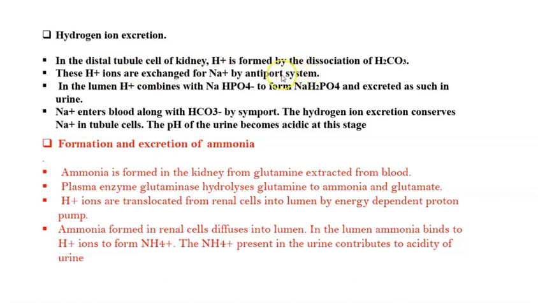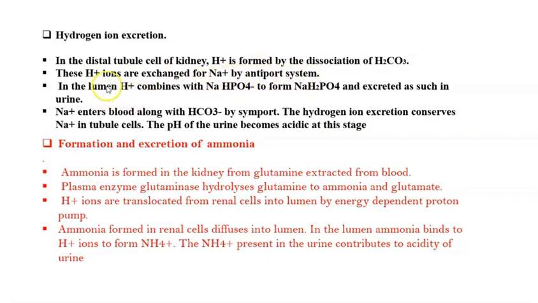From mechanism number 2, in the plasma at the proximal convoluted tubes, we already have our hydrogen ion and bicarbonate ion there, which are doing the alkaline reserve. But in this case, in the distal tube cells of the kidney, the hydrogen ion that is dissociated is exchanged for what? Sodium by antiport, meaning in opposite directions.